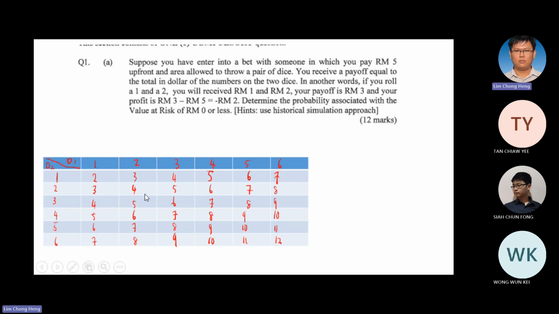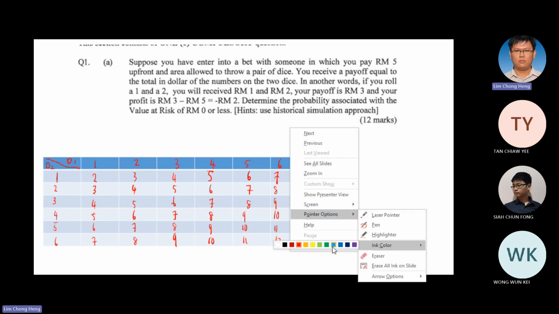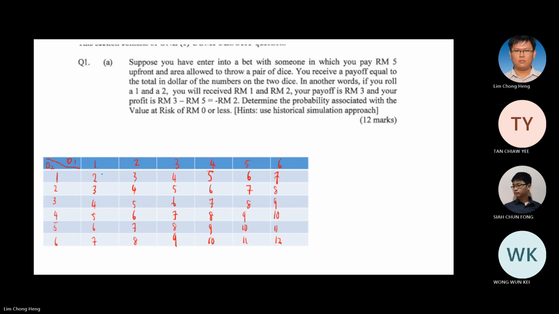So the payoff will be, I choose another color. Okay.